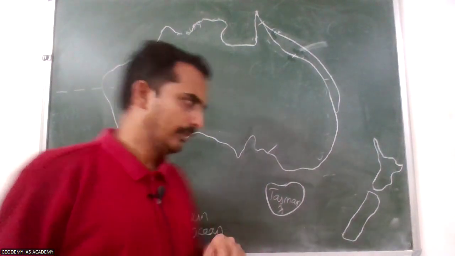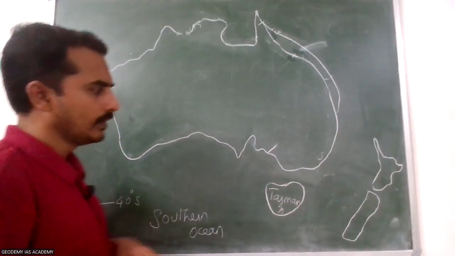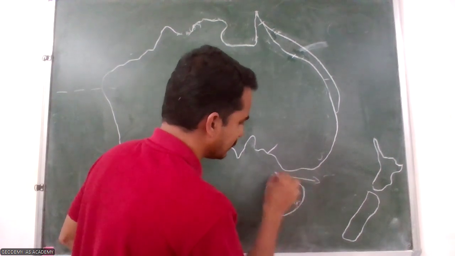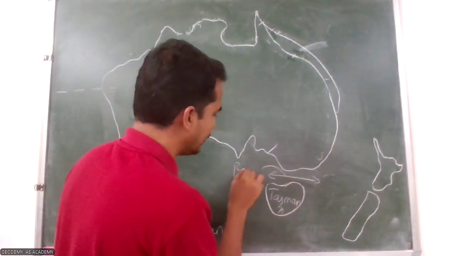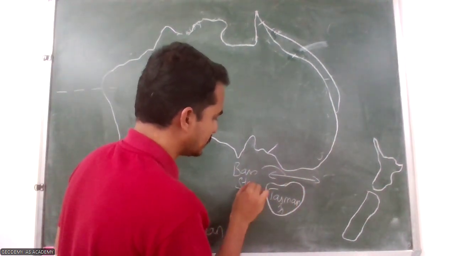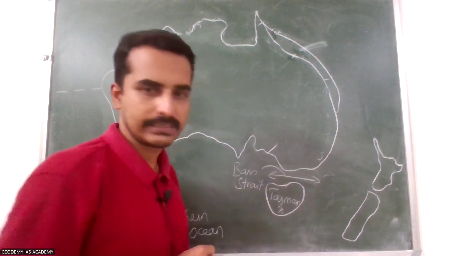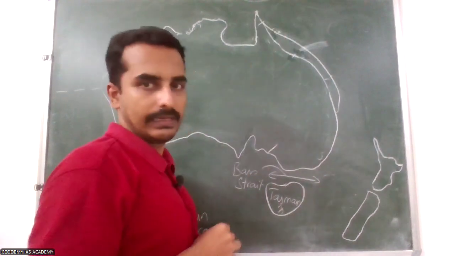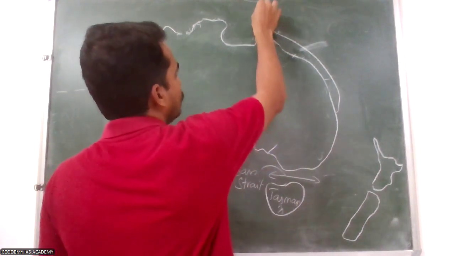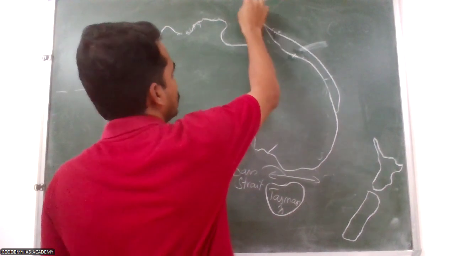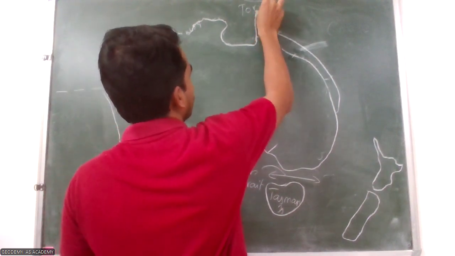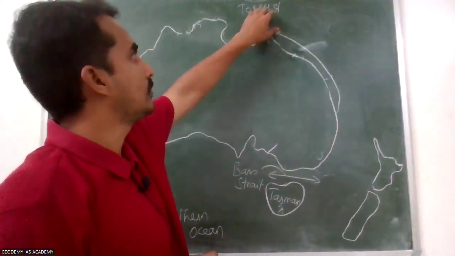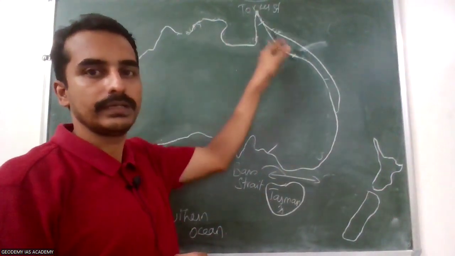Now, here is the Tasman Sea, and the strait between the main Australian island and Tasmania is Bass Strait. Between the Papua New Guinea island and the Cape York Peninsula, it is Torres Strait. Many of the explorers arrived initially at the Torres Strait and the Gulf of Carpentaria and then entered Australia.